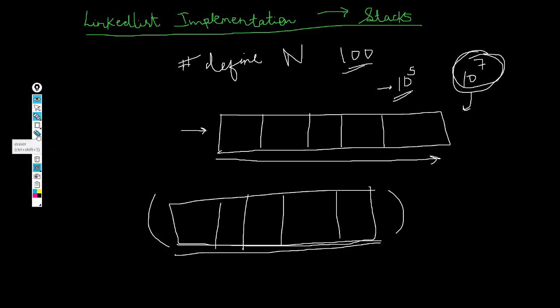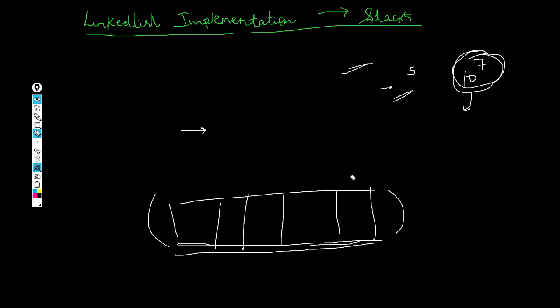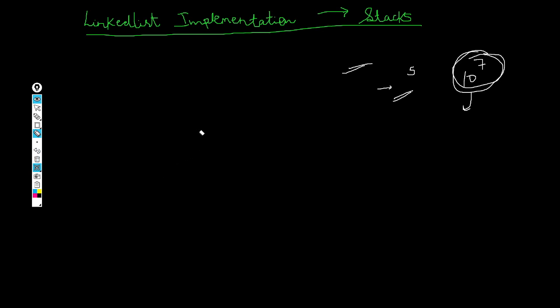So that's why we need a linked list, because we know that in a linked list we can have as many nodes as we want, right? Also, the memory in a linked list need not be continuous.